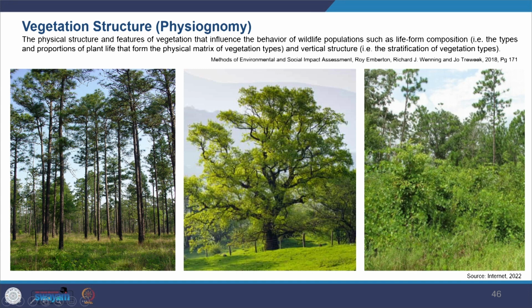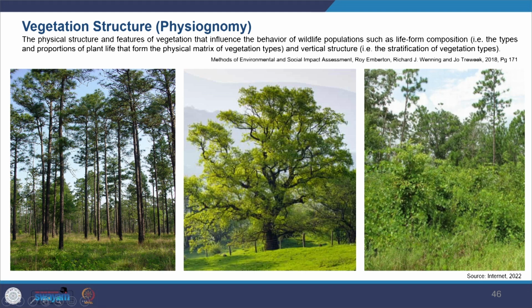So what do we mean by vegetation structure? When we look at vegetation structure, we look at the physical structure and what kind of features of vegetation are there, and that has an influence on what kind of wildlife population would be there in that particular form or composition of vegetation.